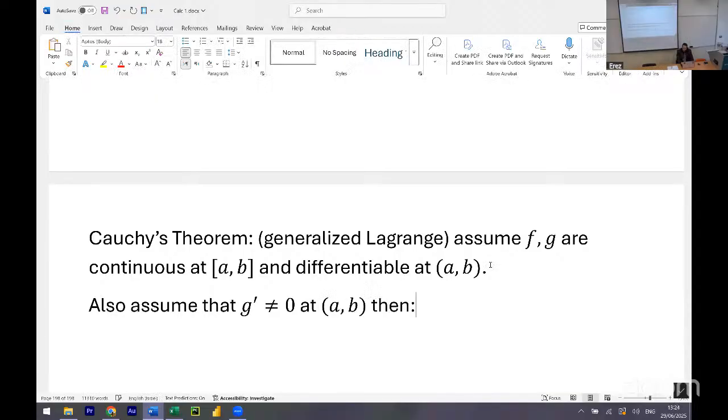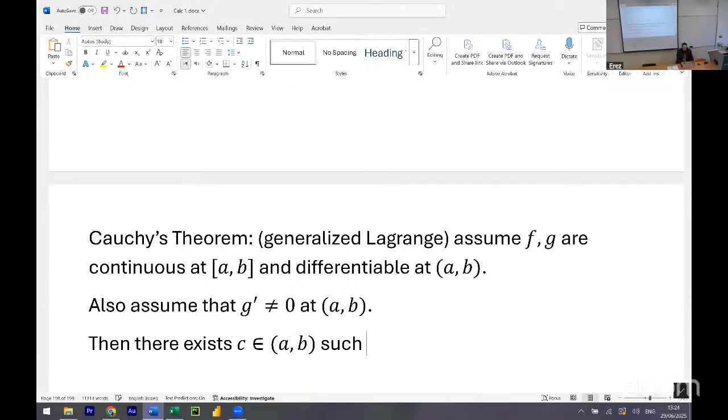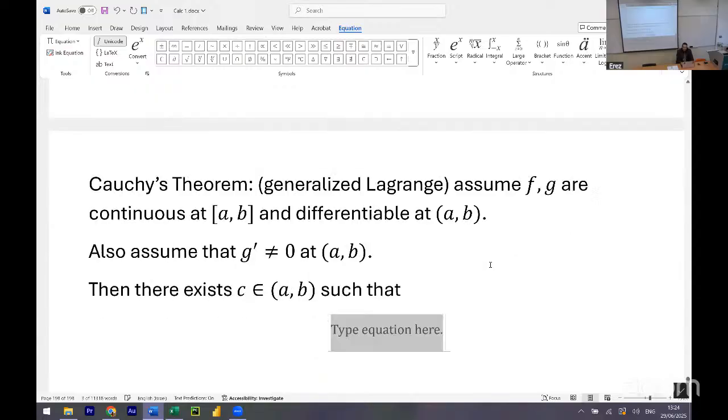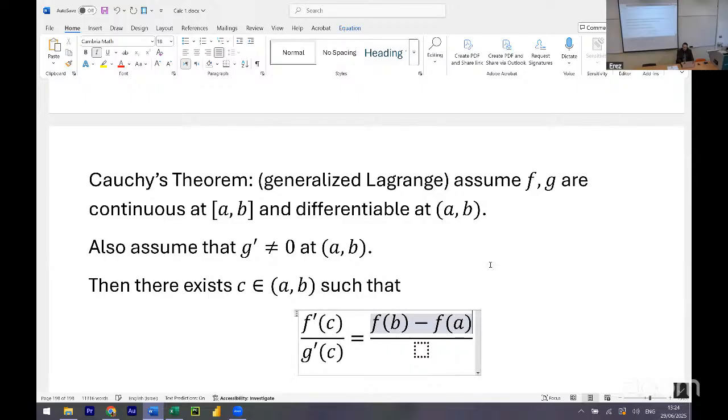Then there exists a point c between a and b such that the ratio between f prime of c and g prime of c, the ratio between the slopes of two tangent lines, is exactly the ratio between the chords.